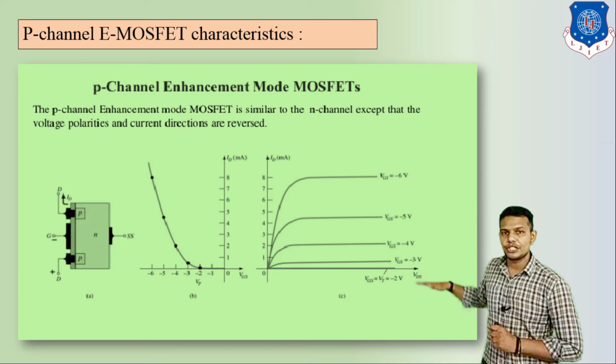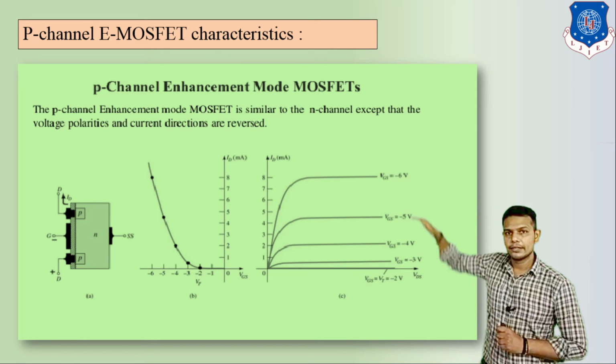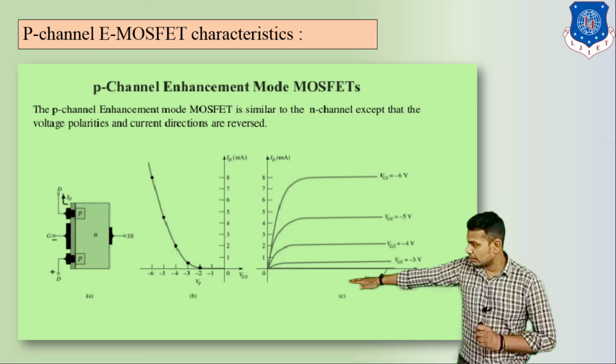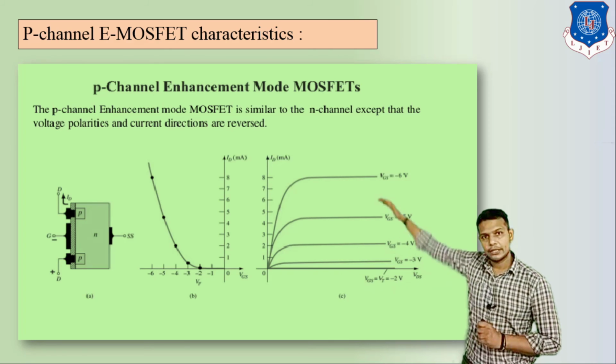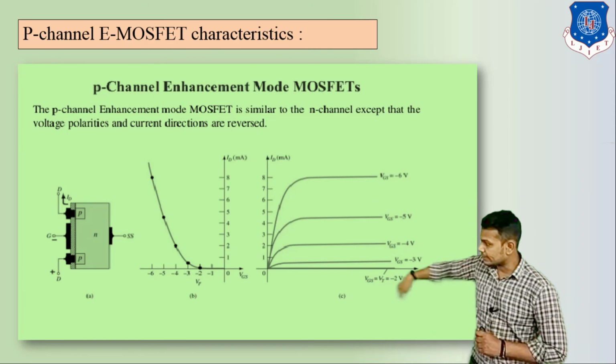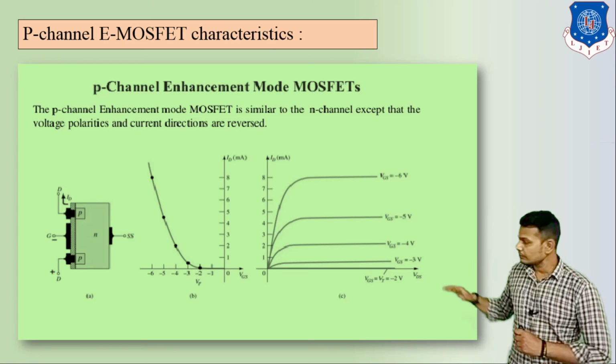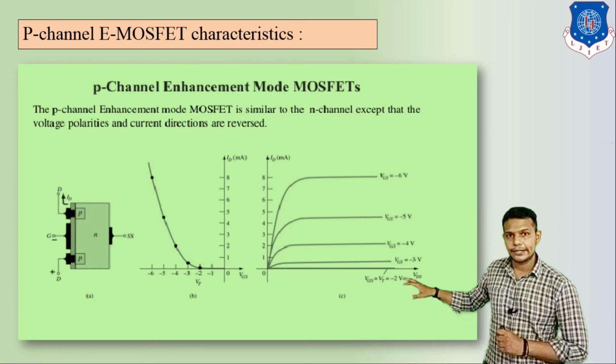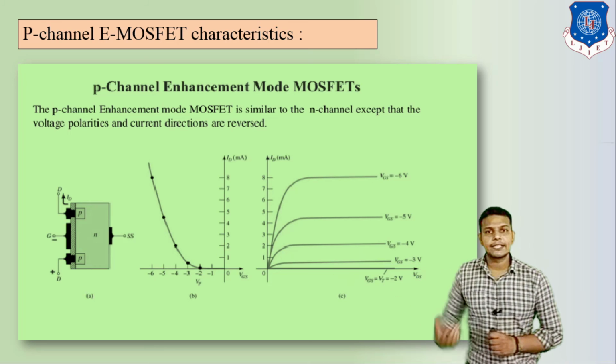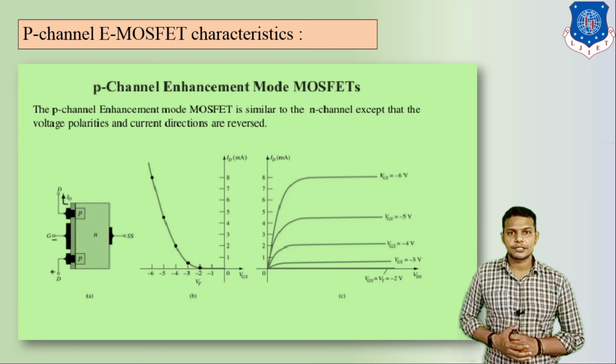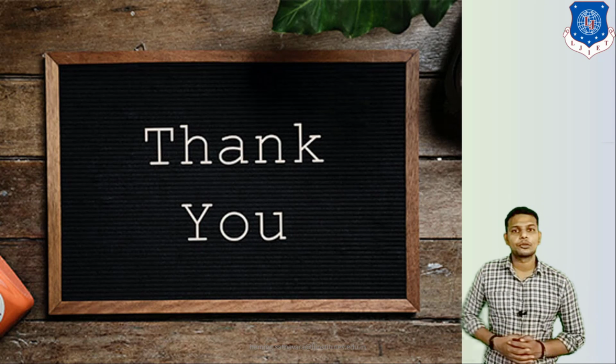Gradually, if we increase the VGS value, we can see that ID's value is going to increase. So this is the drain characteristics, and this is the transfer characteristics of P-channel E-MOSFET.